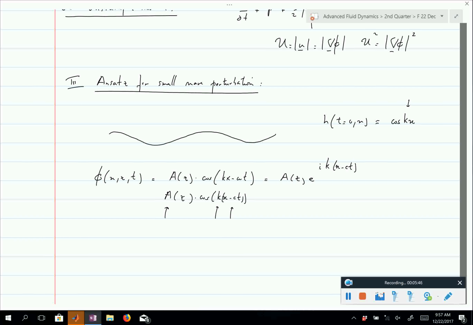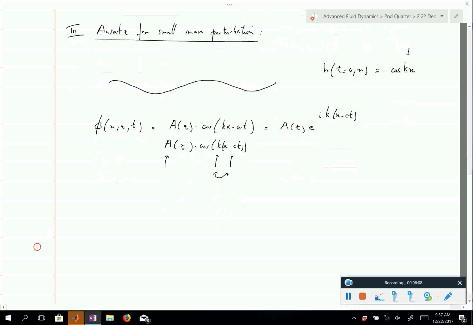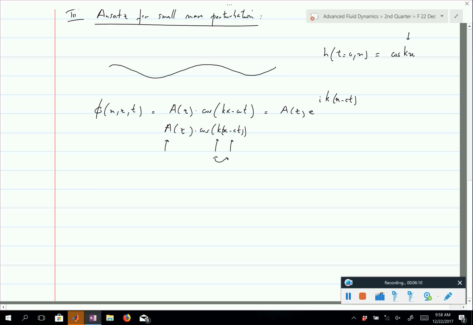Okay, so right now we're putting in random numbers, but what we want in the end is to be able to relate this wave number to that wave velocity, and you'll see that that depends on the configuration of your flow, whether h, the depth of your bath, is very large, whether surface tension is important or not. So you'll see that in the end, this is what we are aiming at.